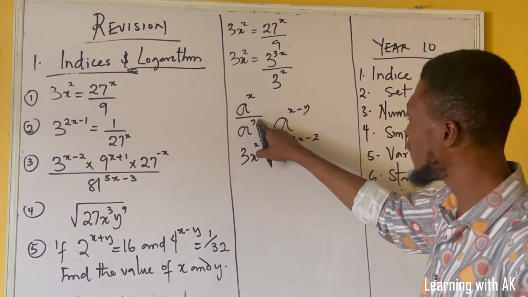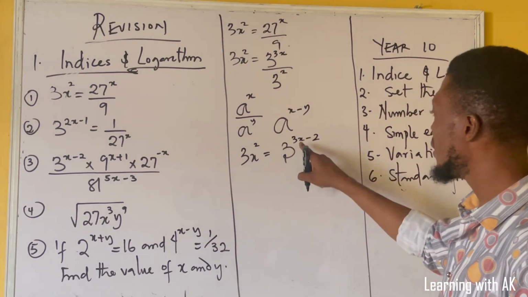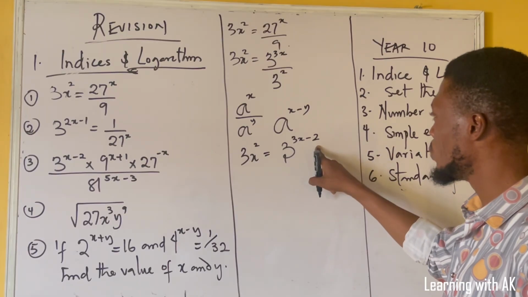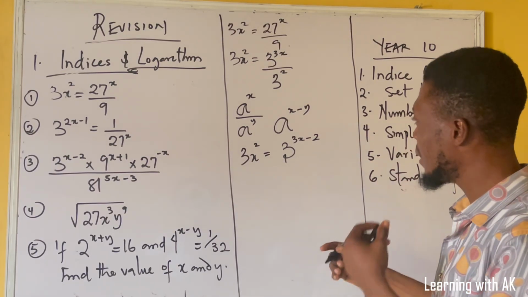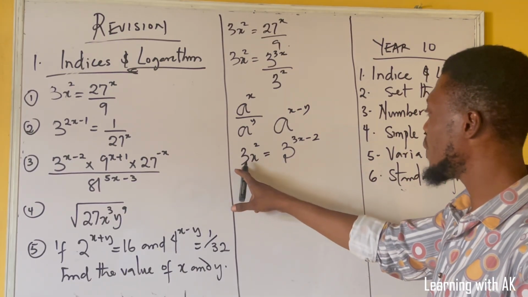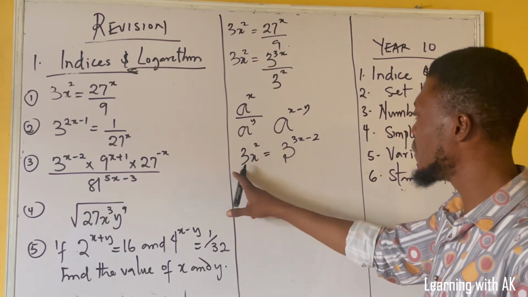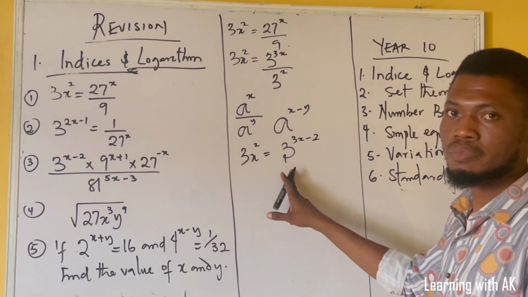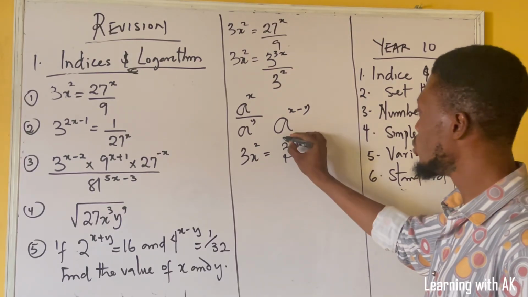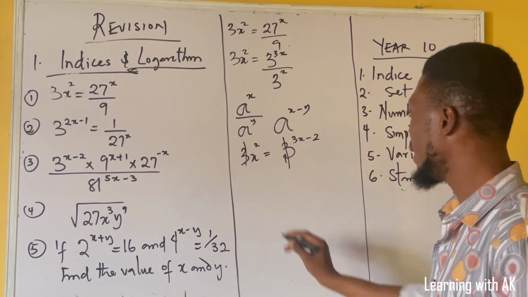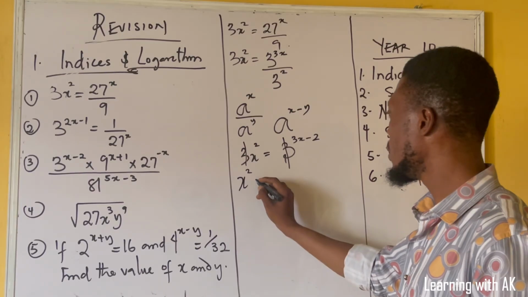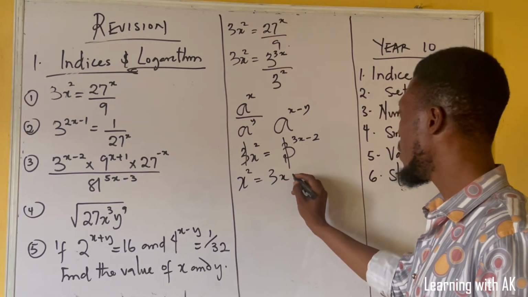Minus, because when you're dividing indices, you subtract the powers. Now, here, it means that we have the same base, 3 and 3. Now, at this junction, you cancel out the 3. Hence, you have x squared equals 3x minus 2.